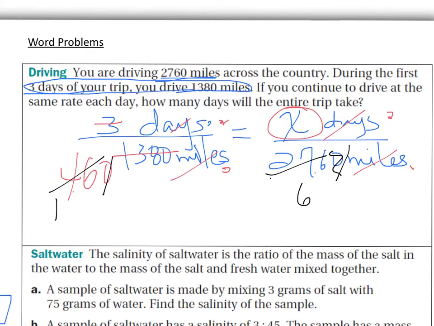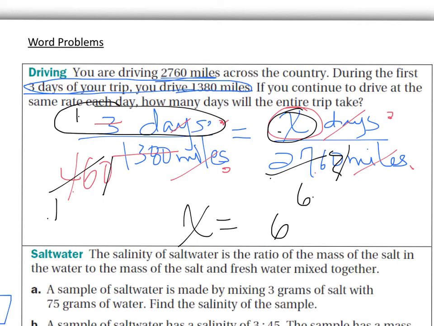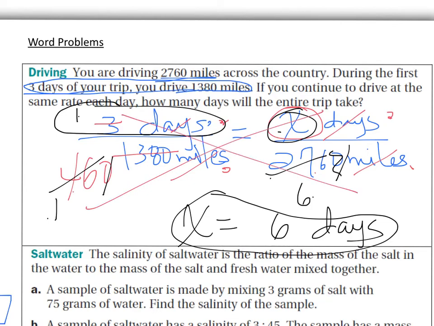And then, since everything's already canceled out in the numerator, 6 times 1 is just 6, and x times 1 is just x, so 6 days is your answer. Okay, by cross multiplying.